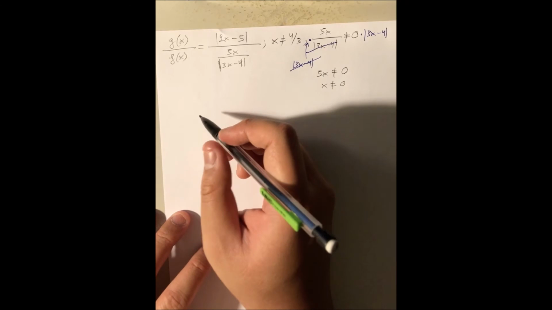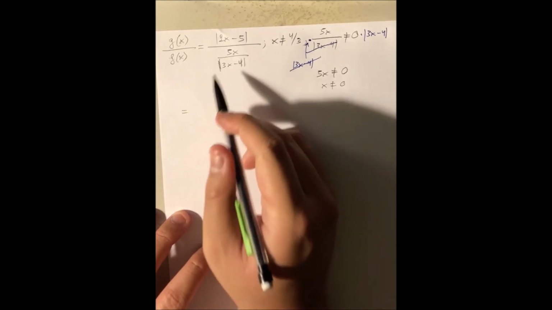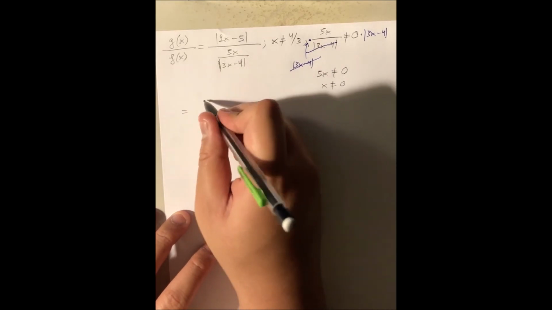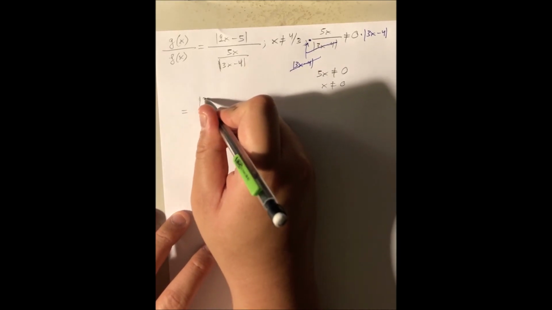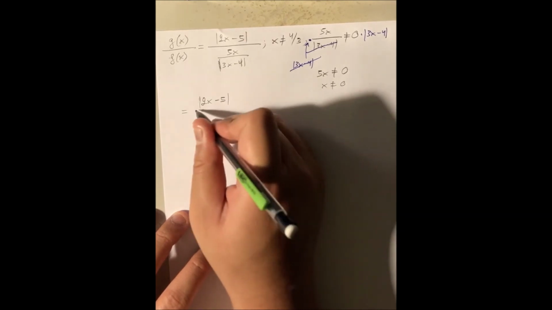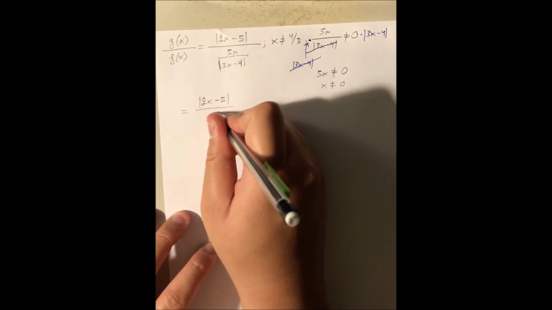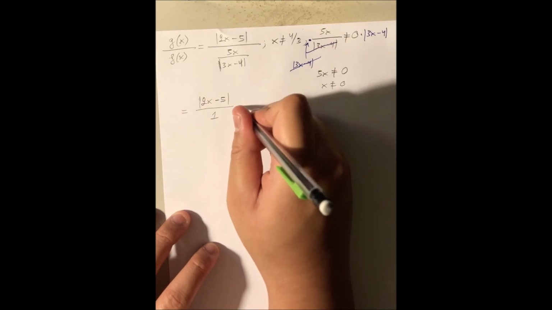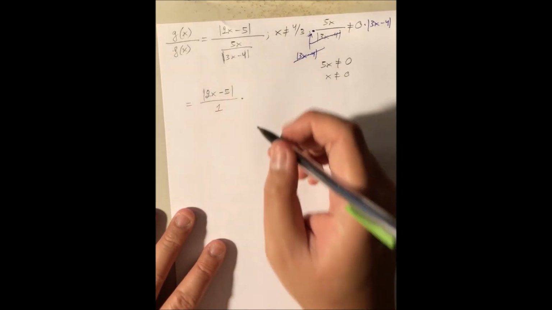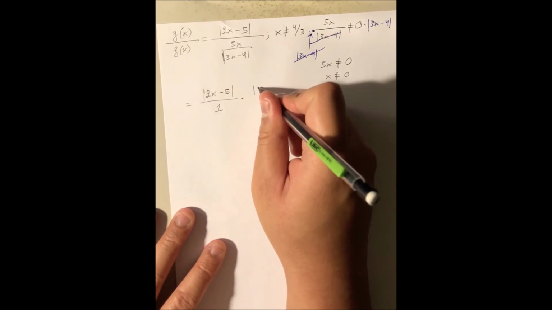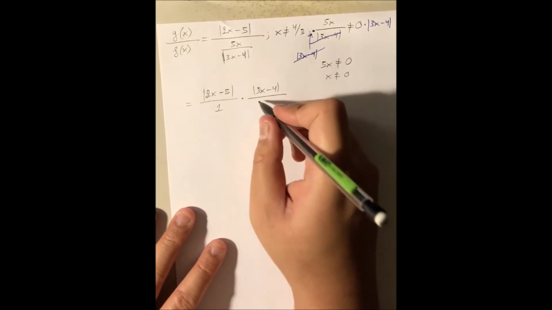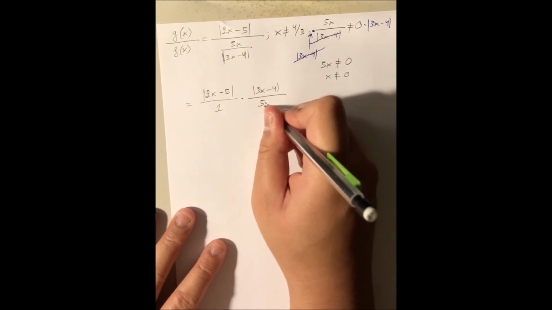Well, let's simplify even further by changing this division into multiplication, keeping the numerator the same, which is absolute value of 2x minus 5 divided by the invisible positive 1 denominator, and multiplying by the reciprocal of this denominator fraction, which is absolute value of 3x minus 4 all over 5x.